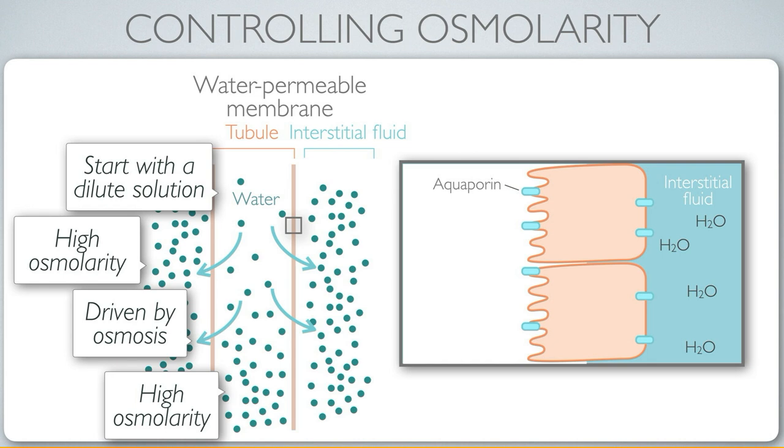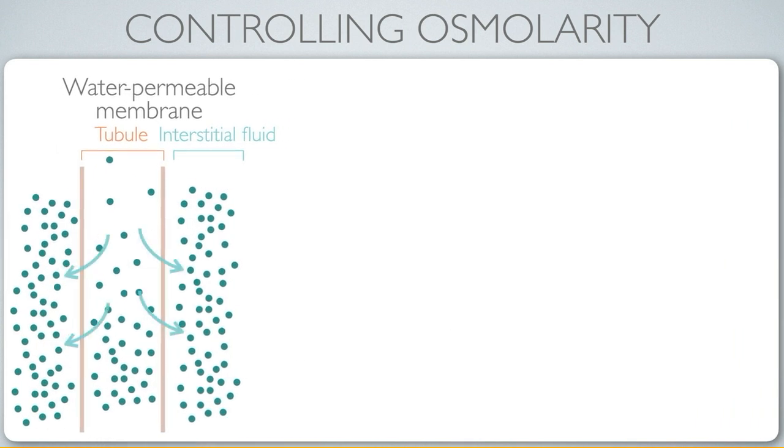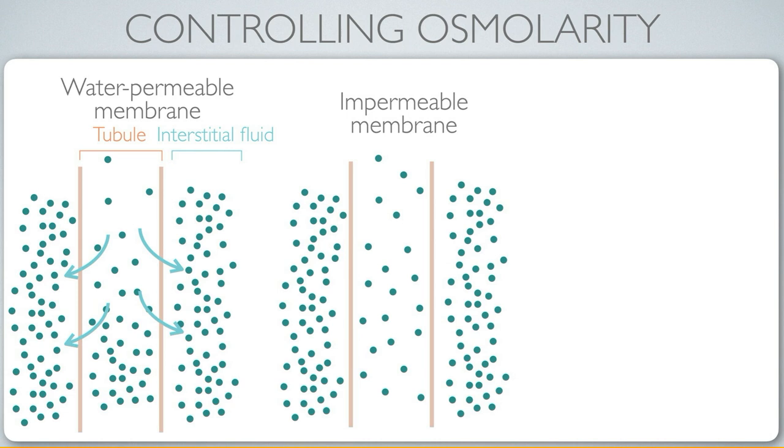Now, if instead we had an impermeable membrane, then you're going to get a different situation. Instead, the dilute solution in the tubule, as it passes through, is not going to lose water, and it will remain dilute. So that's what we have in the case of a water impermeable membrane: one low osmolarity just passes right through this tubule.